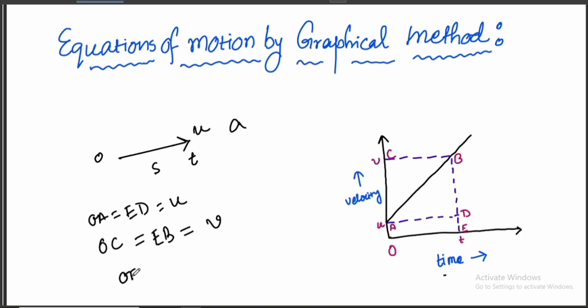And OE is equal to AD, that is our time t. So the object is moving along a straight line path with initial velocity u and acceleration a, and it travels a distance s in time t.